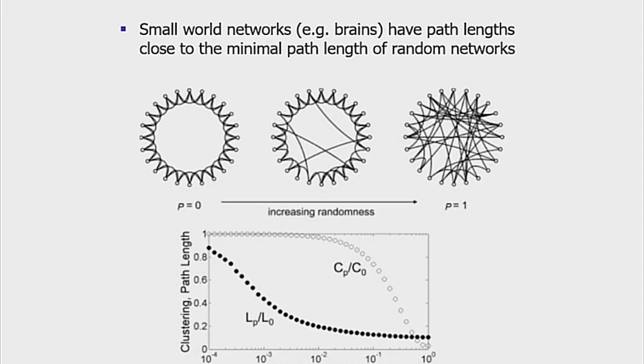So this idea then is that in the small world regime you have high clustering, but also low path lengths. It's very close to what you would get with a random network. So it appears as though this feature is somehow optimized in the generation of the network.